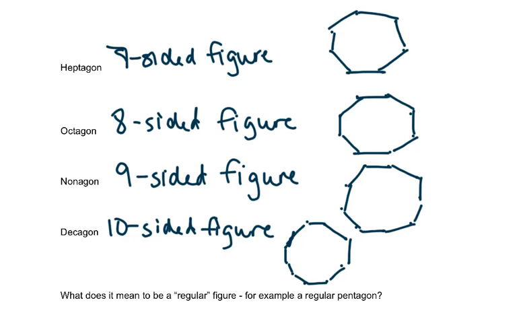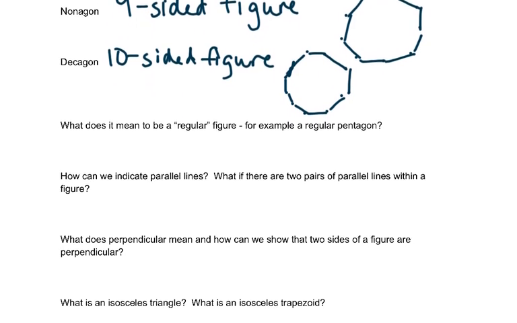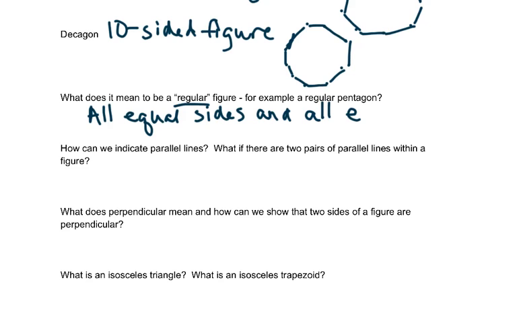Now let's get into some more important vocabulary down here. What does it mean to be a regular figure? For example, a regular pentagon. The word regular in math means that all the sides are equal and all the angles are equal. So I'm going to put all equal sides and all equal angles. So we have a specific term for a regular triangle.